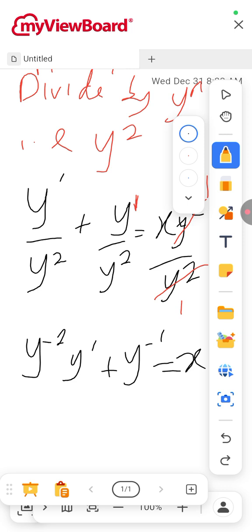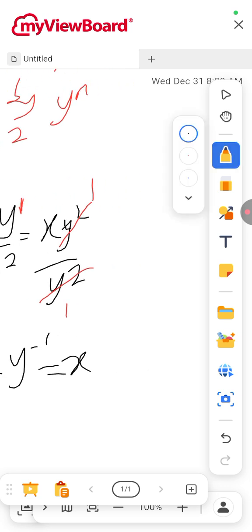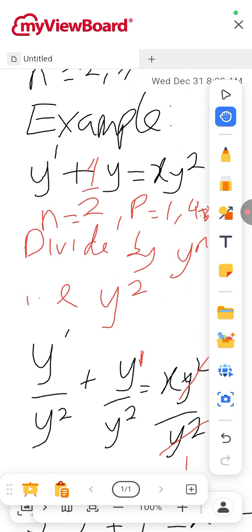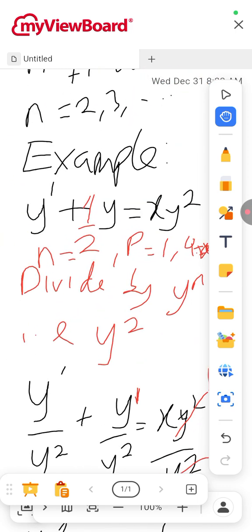So this second equation, you can keep it, we need it later. I usually asterisk this part where I divided by y raised power n, as in the result of dividing by y raised power n. I will asterisk it because I will need it later. The aim of what we are doing so far is to make the Bernoulli look like a linear equation.